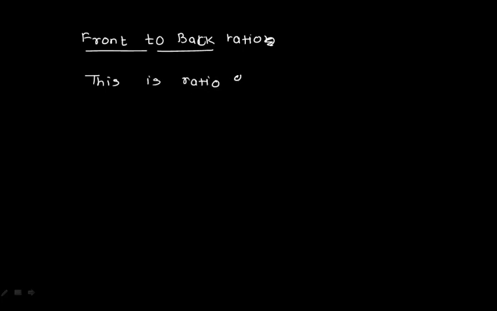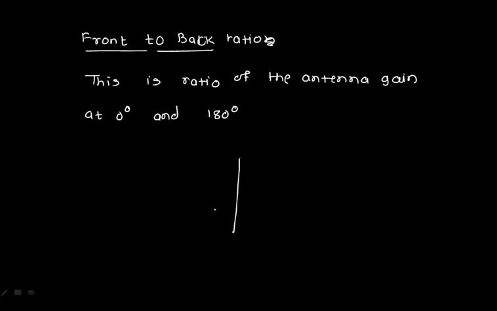First we'll define what this front to back ratio is. It is the ratio of the antenna gain at 0 degree and 180 degree. If this is the radiation pattern, the maximum radiation is at 0 degree, and this is the back lobe, which makes exactly 180 degrees to the main beam. So the ratio of this level to this level will be called the front to back ratio.